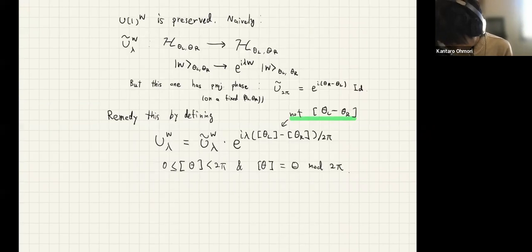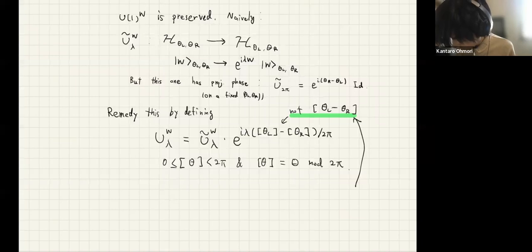We take this square bracket for each of left and right separately, and not for the difference. This is motivated by locality, which I don't have time to emphasize. We want to do something for each of the boundaries, not the pair of the boundaries, but we want to define some operation.